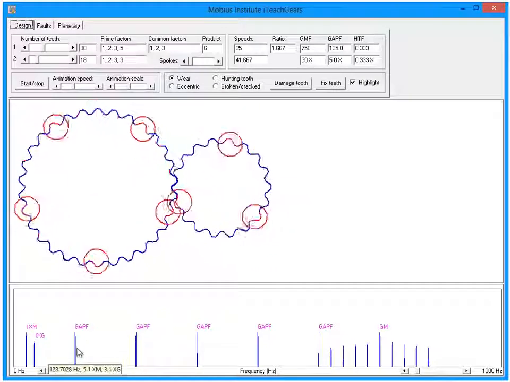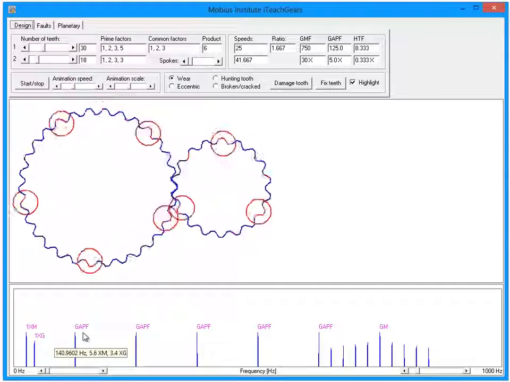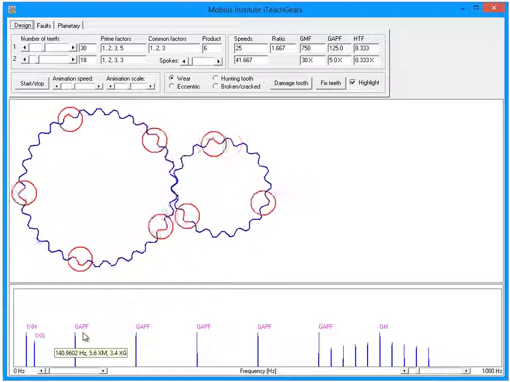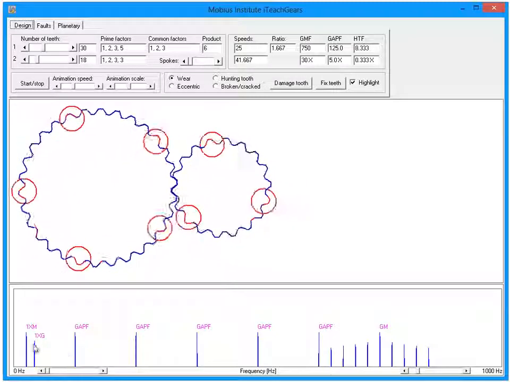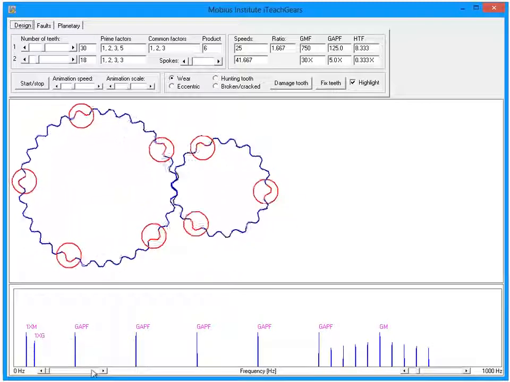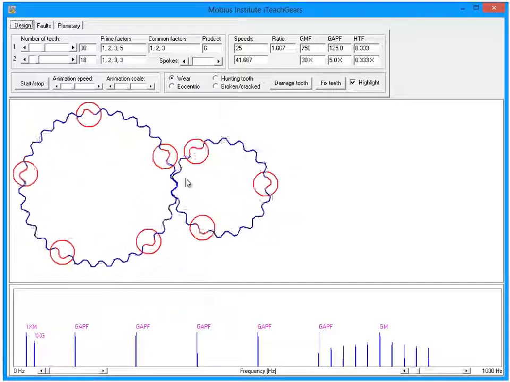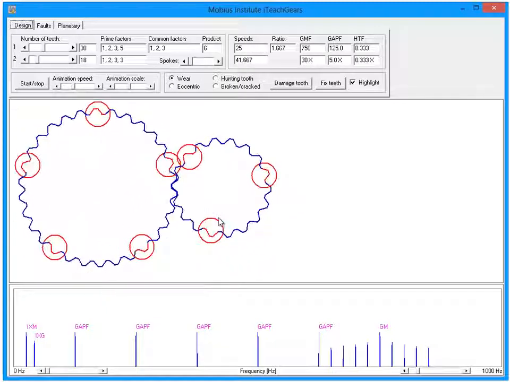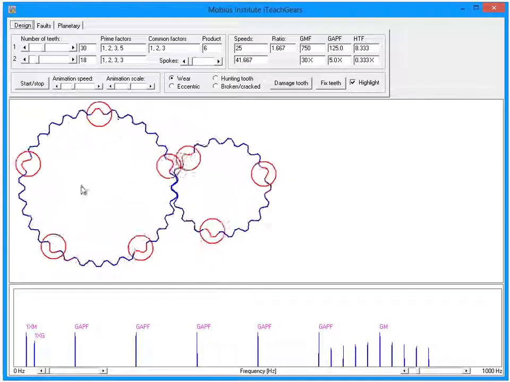The gear assembly phase frequency is what it's called. So if you like, it's 3 times one frequency, so it's 3 times this one, or 5 times this one. It's the same frequency, 5 times this, 3 times that. Remember, this is turning faster, so 3 times that is equal to 5 times that.